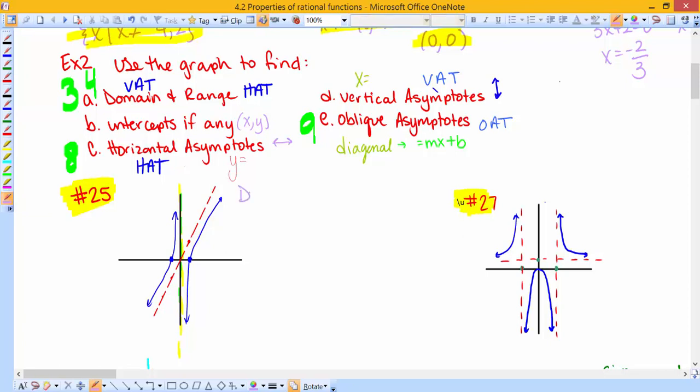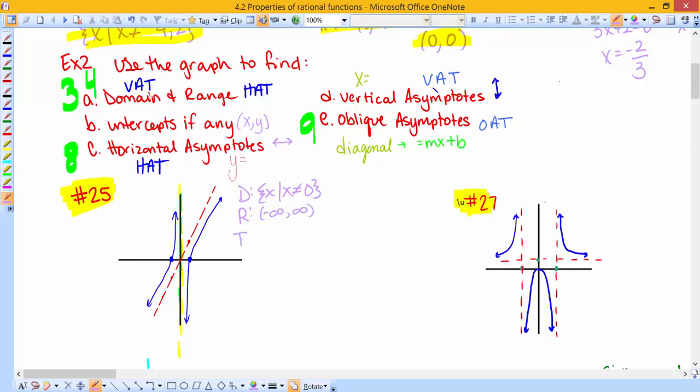So my domain, x such that x cannot equal, well, I have a vertical asymptote, so my graph is not going to touch 0. My range: look in the notes. It said domain, vertical asymptote, range, horizontal asymptote. Here we don't have a horizontal asymptote, and this graph is continuous vertically. It's going to go up and it's going to go down, which makes this all reals.